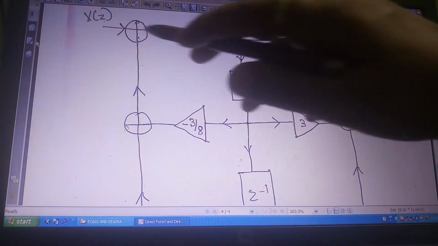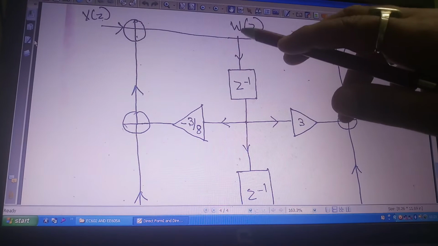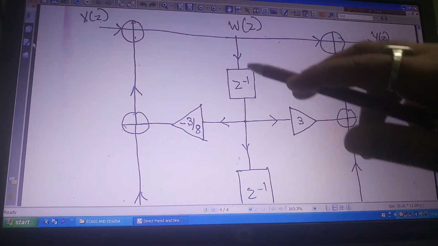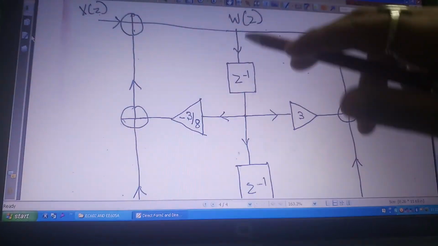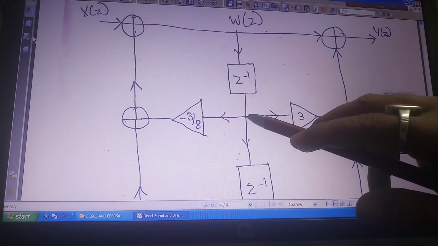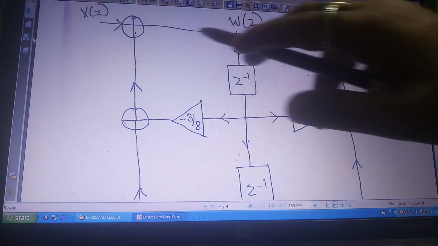Here I get W(z) is equal to X(z) plus the W(z) multiplied by minus 3 by 8: W(z) passes through this delay, that is z inverse, so I get z inverse W(z) multiplied by this factor and it comes over here.